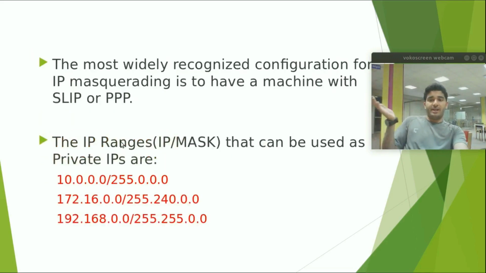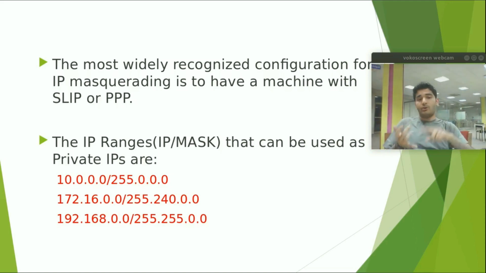Okay. So let's see the range of the private IP addresses. The IP range 10.0.0.0 has the mask 255.0.0.0. The last range is 192.168.0.0, and so on and so forth.